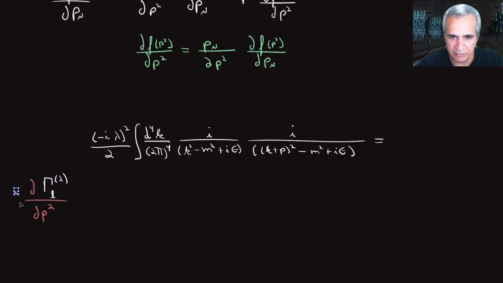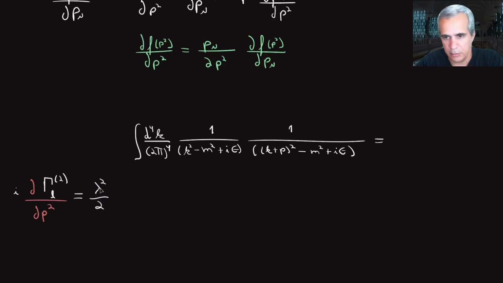I'm expanding in p squared, not p mu. Now this is this expression. Let me do a little bit of simplification. This is a -1 that cancels against the -1 that comes out of here. So I just have lambda squared over 2 up front. And the derivative, I will use this expression.